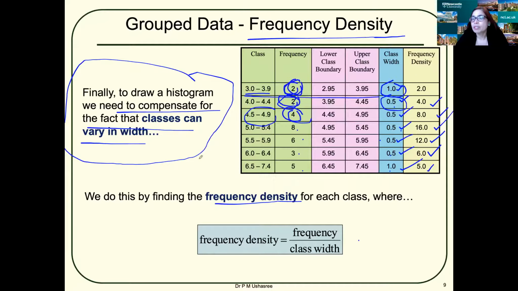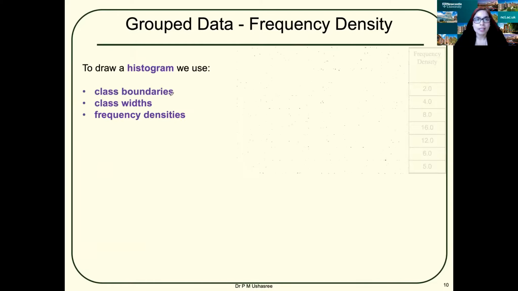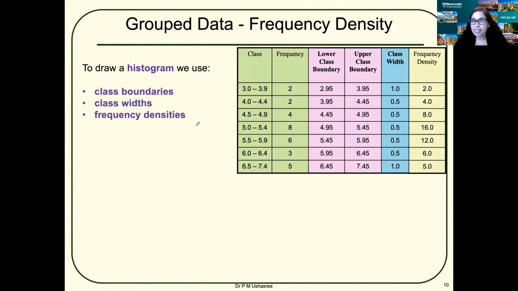So this will compensate for all that we did last week. To draw a histogram, we use class boundaries, class widths and frequency density. These three are the things we need to draw a histogram.